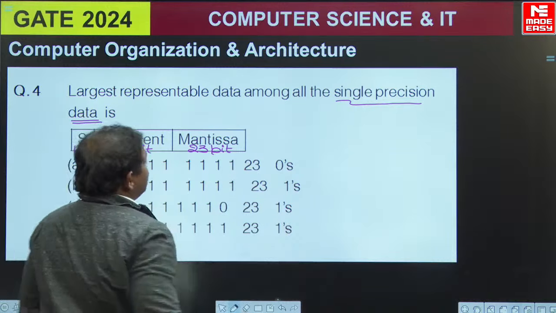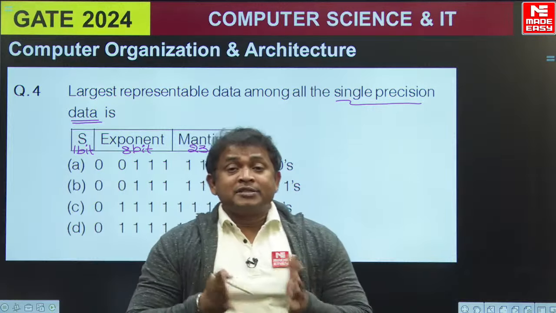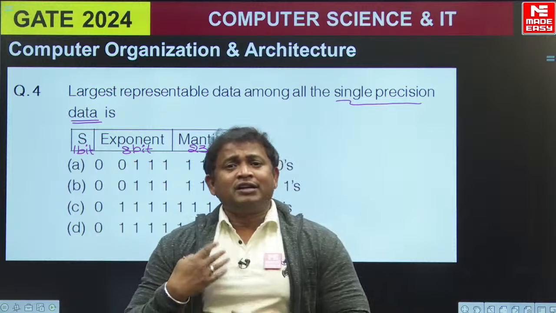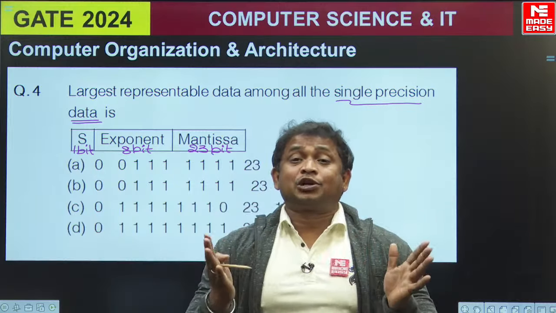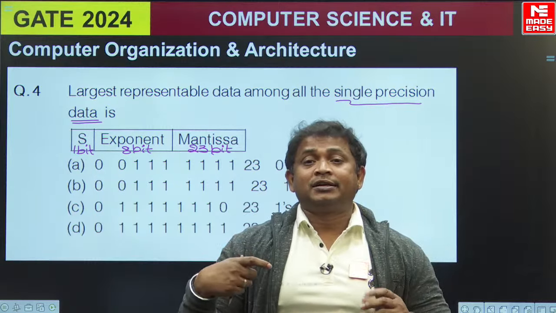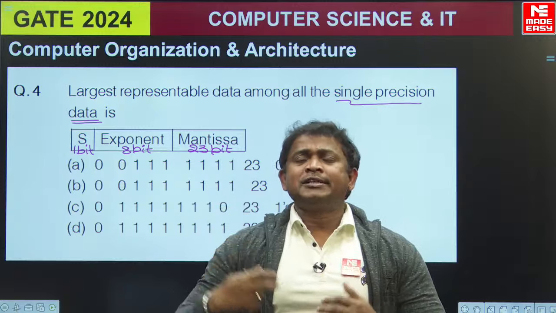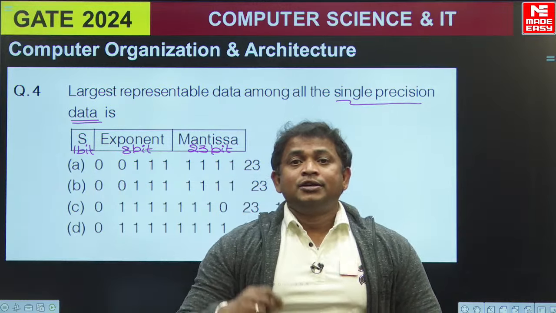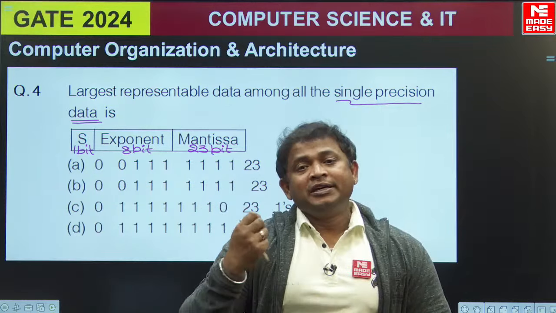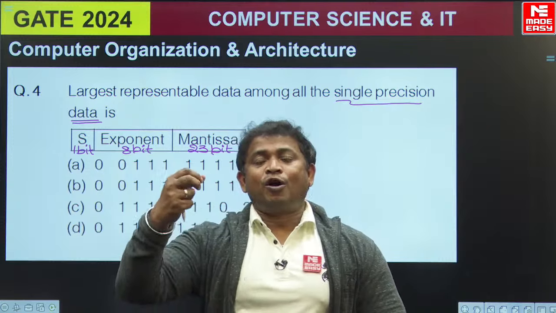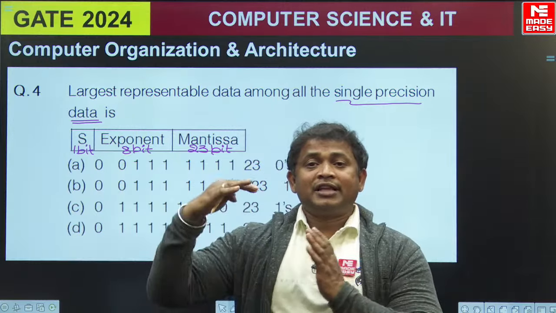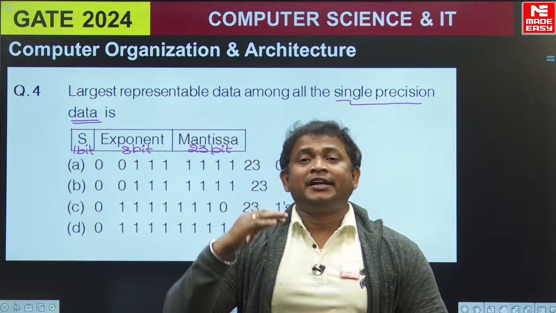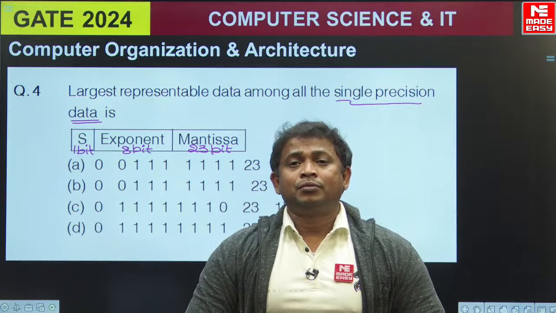Here, the largest representable data means, after excluding the special exponents, we have the representable data elements. So the maximum data would be exponent all ones, mantissa all zeros to all ones, but the maximum exponent is used for the special values, correct?